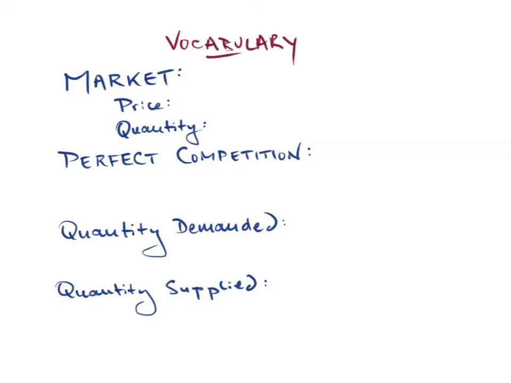Okay, so first, I want to define some vocabulary. A market, in our simple model, is a collection of buyers and sellers of some good or service. And we're thinking of a good or service in this simple model that is all the same.